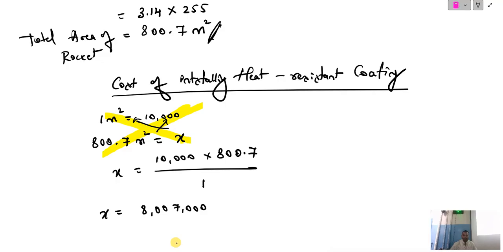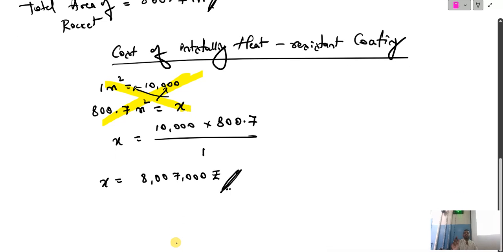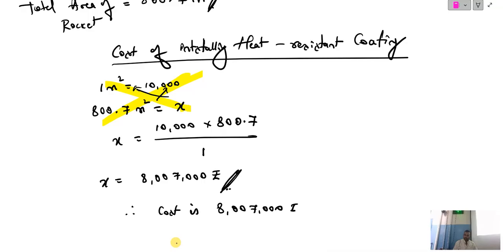See, 1 is 10, 100, 1000, 10,000, lakh, 10 lakhs. 80 lakh 7,000 rupees, not 8 lakh. It is 80 lakhs. Understood? Did you understand this answer? Therefore, cost is right here: 80 lakhs 7,000 rupees. Final conclusion.